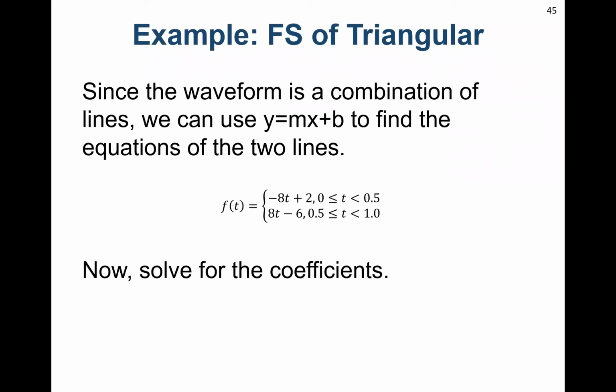So for our first one, which is between 0 and 0.5, where we had the negative slope, we have negative 8t plus 2 as the expression. And then when we have the positive slope, which is between 0.5 and 1, we have 8t minus 6. And you'll notice that I have, let's see if I can mark it up this way. Hopefully this is, oops, that didn't work so well.